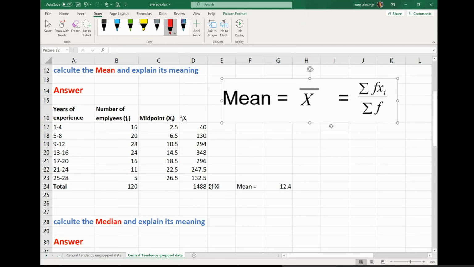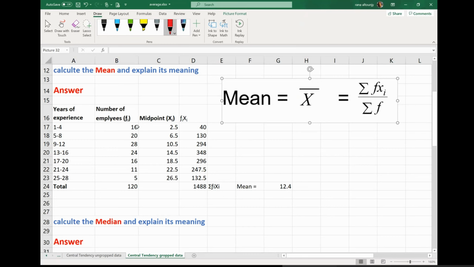The mean is the sum of fi xi divided by the sum of f. So what is fi xi? First, fi is the number of employees, or our frequencies. The xi is the midpoint. So we need to calculate the midpoint of each one of our groups.